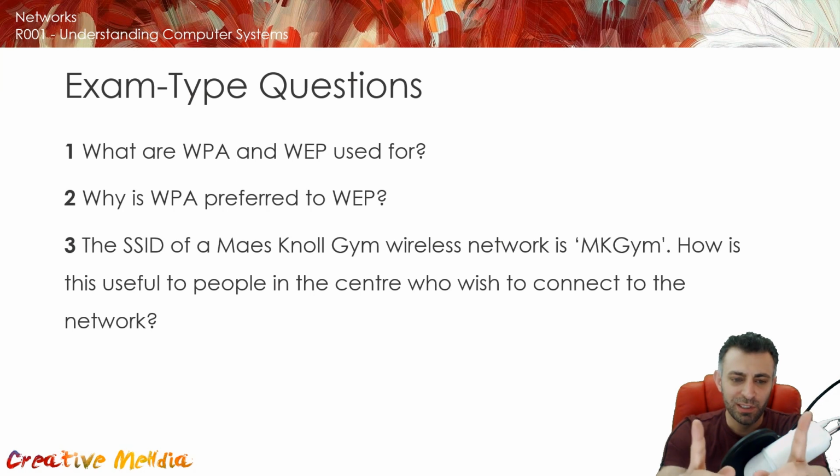This would probably be a 2-mark question. The first mark would be it's easier for the members to identify the gym network. Actually, it could be a 1-mark question, and that would be your answer. It's easier for them to identify that this particular SSID belongs to this particular business.